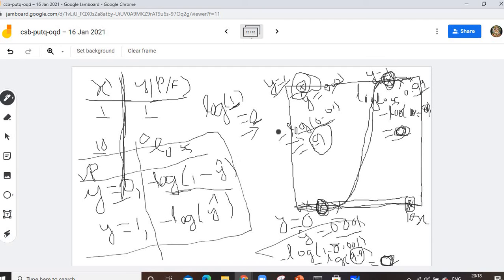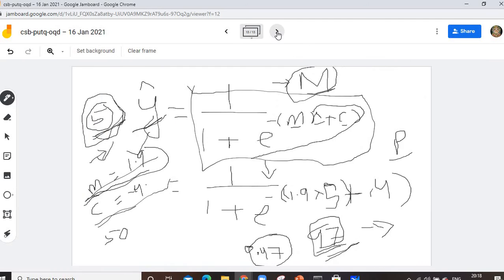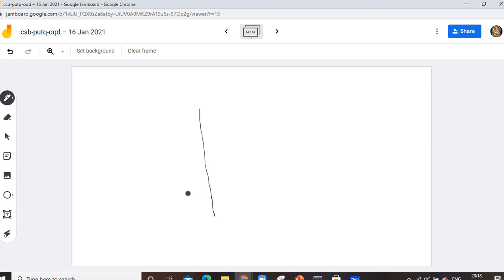I always told you that the loss function looks like this, and it will try to minimize the loss. It will try different m and c values and try to go down. This is my global minima. Here my loss is minimized.